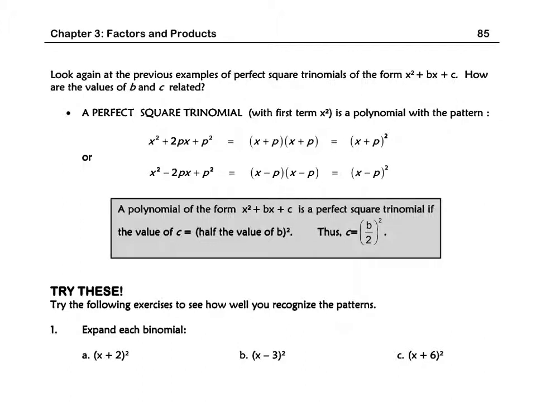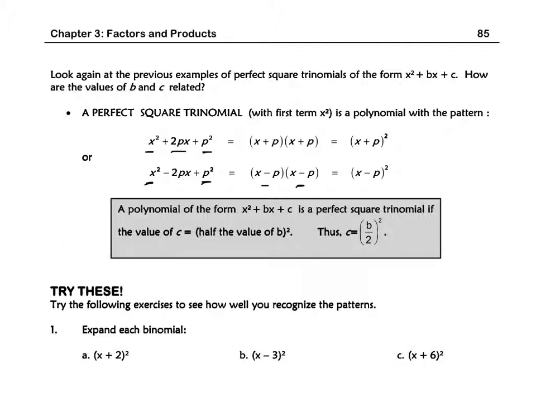It has a squared term as the first term, a squared term as the last term, and in the middle it's a combination of the square roots of both of those terms, but doubled. You could also have a squared term first, a squared term last, and then double the product of those square roots, but subtracted, because that would again be a perfect square trinomial with two factors that have a minus in them.